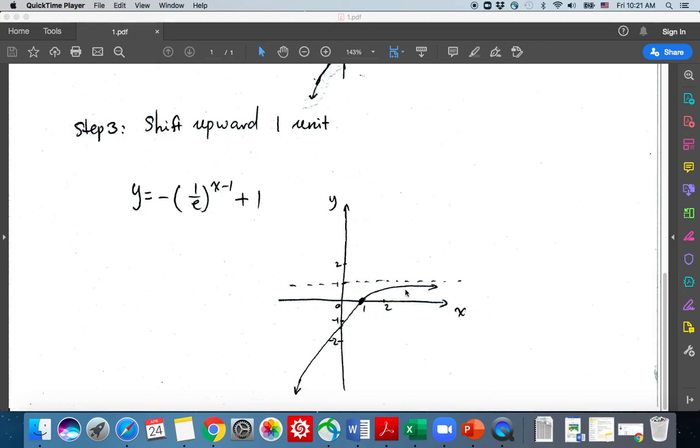And the shape of the curve is going to be correct, but some of the other features may be slightly off. For example, the y-intercept of the final function may not be where it is exactly supposed to be, but overall the main features are good.